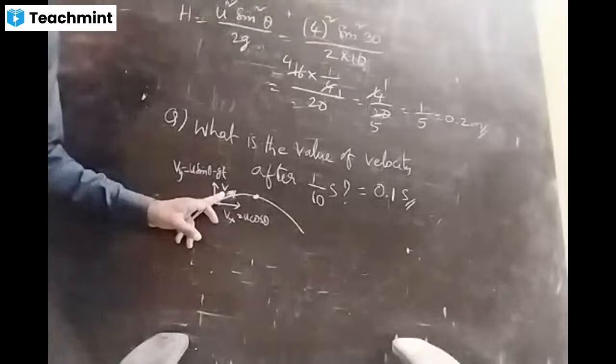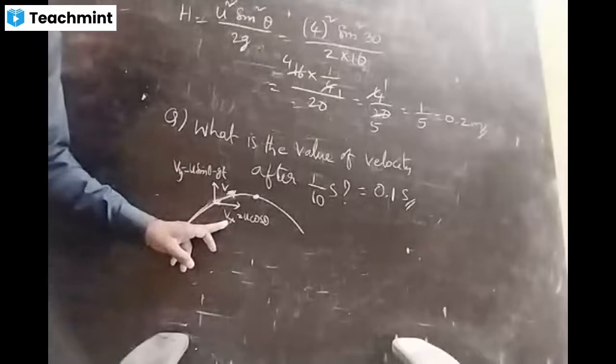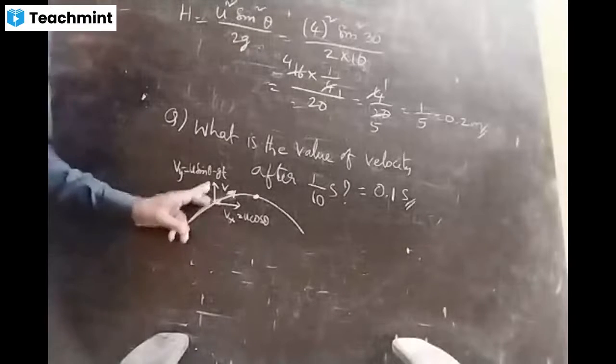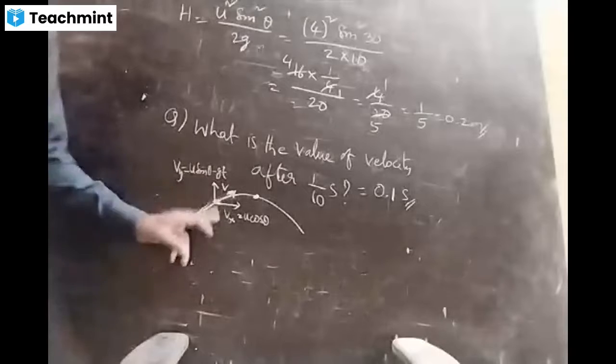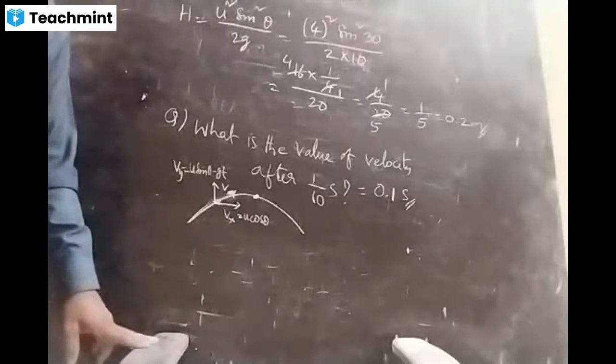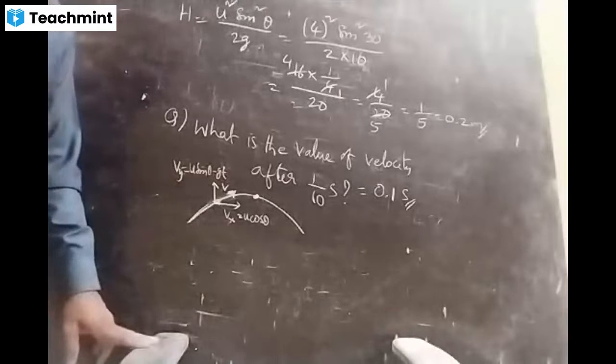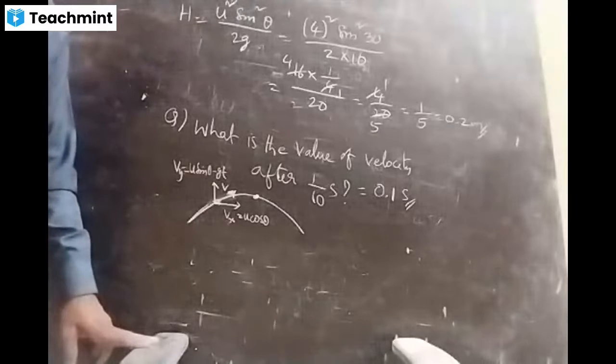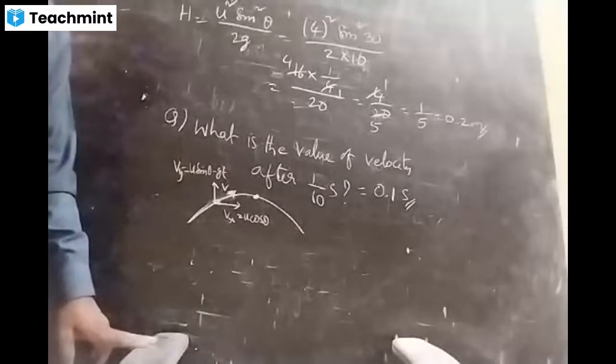We take the magnitude. Vx and Vy are both perpendicular to each other, so v is the square root of Vx square plus Vy square.